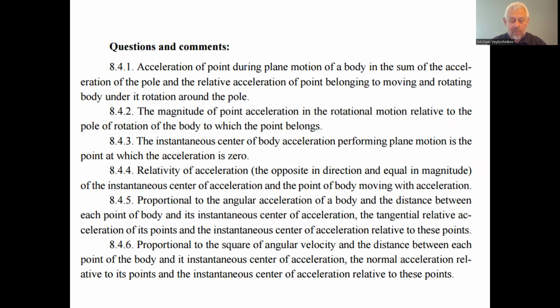So if we have a moving body with definite angular velocity and definite angular acceleration, and we have the instantaneous center of acceleration for this body, then the acceleration of any point would be proportional to the distance from the instantaneous center of acceleration to this point, and the direction will be inclined to the radius from the instantaneous center of acceleration to this point at the same angle mu for the whole body.